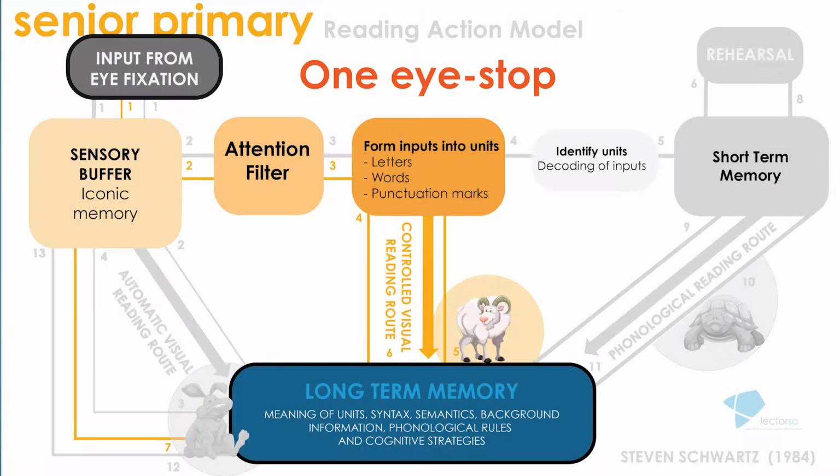The second route, which should be the route that we achieve by age 9, is the controlled visual reading route, where we don't have to rehearse anymore. You can see we skip the identify units and the rehearsal in the short-term memory, but we move directly, seeing the words, identifying the words, to the long-term memory so that we can start to interpret what is happening in the text.